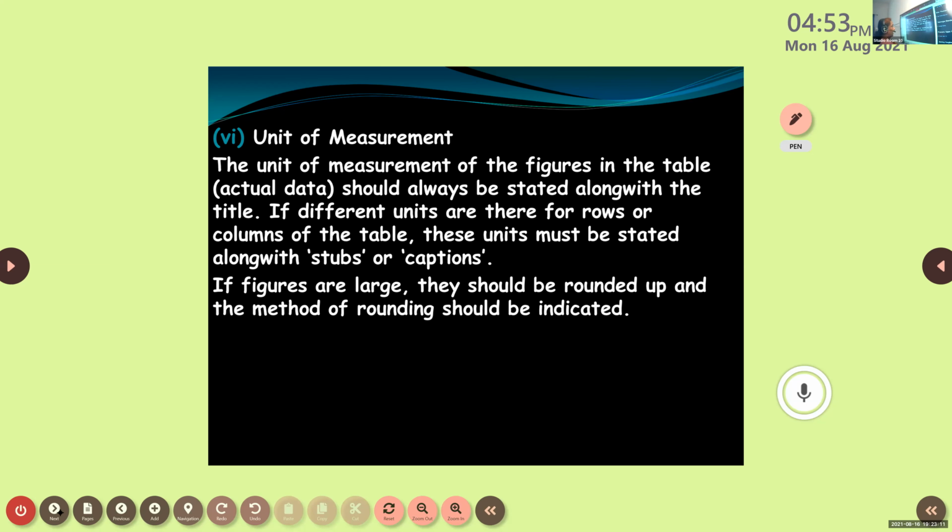Row headings. What do you mean by caption? Column headings. So if we are using different units, near the stub or caption that unit will be written. So the unit of measurement used in the table should always be stated along with the title.